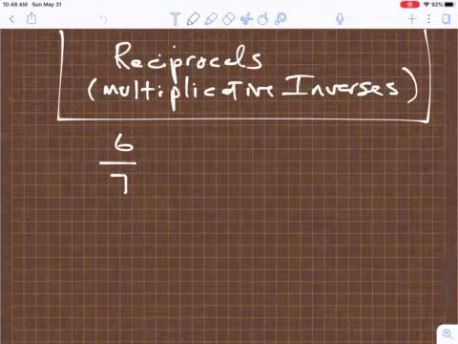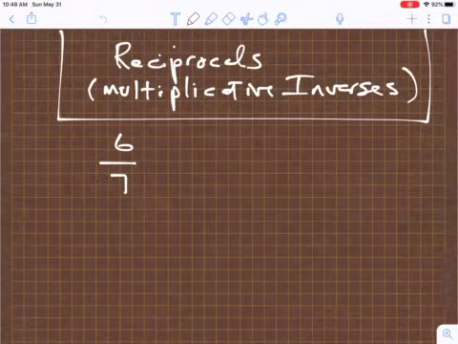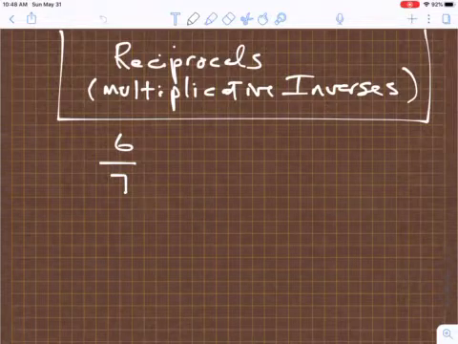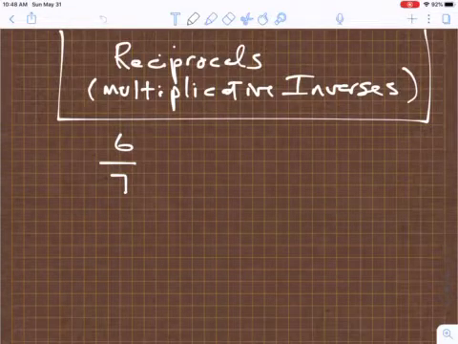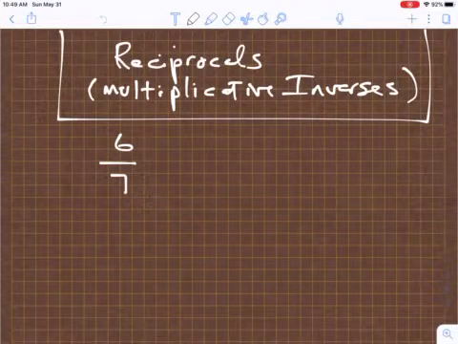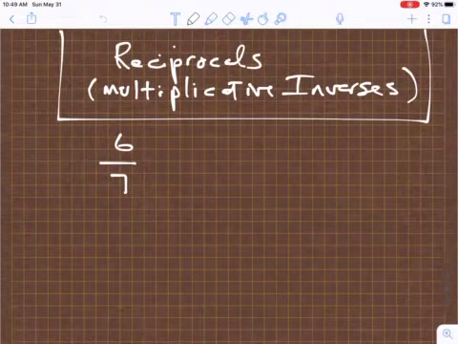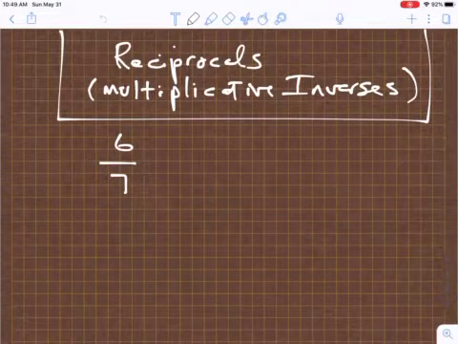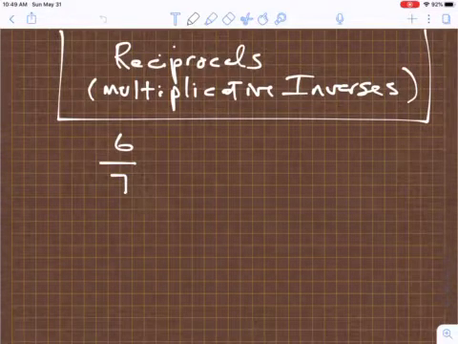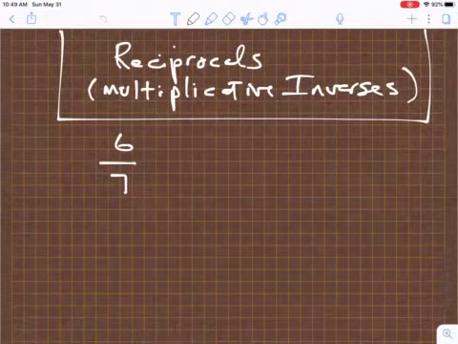That's why the other name for a reciprocal is a multiplicative inverse, which means what number can I multiply by something that is its inverse, and its inverse would make it so that it equals 1. All right, and that's very useful with algebraic problem solving, and it's very useful with dividing fractions.